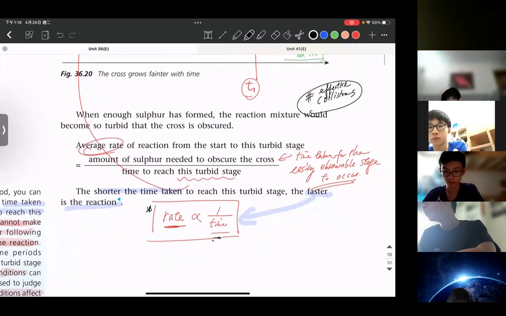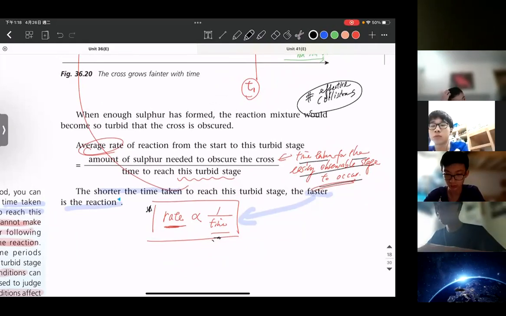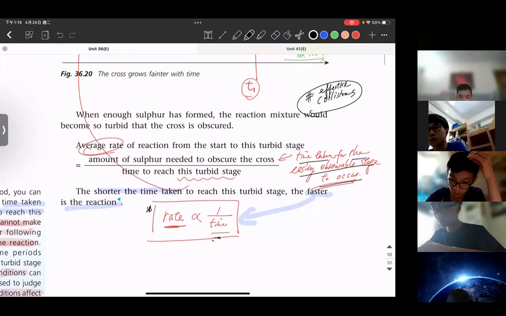Time is not a completion of the reaction. Time is what you design. For example, I designed a cross. So we will say that this is the time taken for the easily observable stage to occur. In this case, you are going to design it as the time taken for the mark cross to be totally covered by the sulfur formed. Can you get my point? Or you use the words the mark cross to be blotted out.